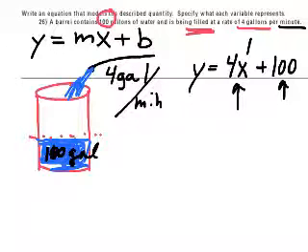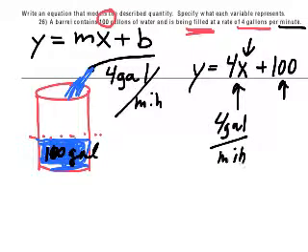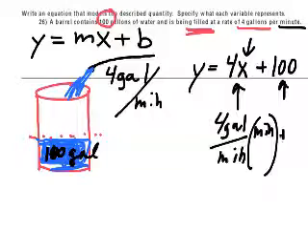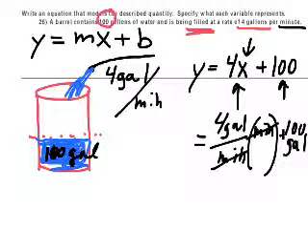We put in the minutes, 4 gallons per minute, and then we multiply that by minutes, and we add more gallons. You notice that these minutes cancel out, and we just have gallons adding to gallons. So what we've got here is y gallons. It's filling up. So that's our equation.